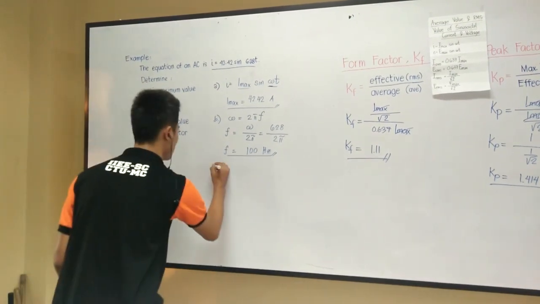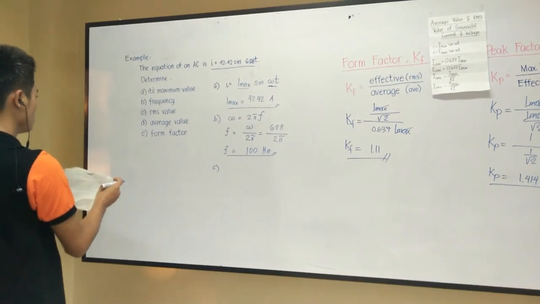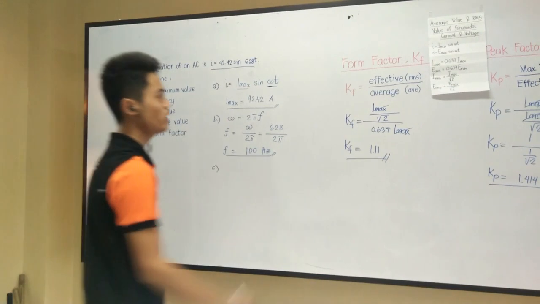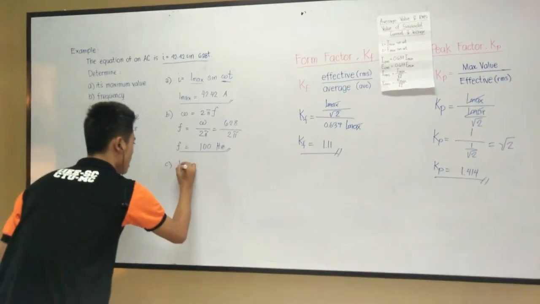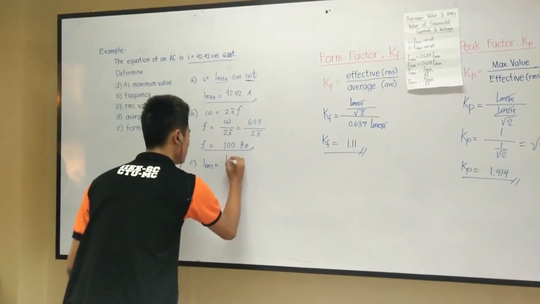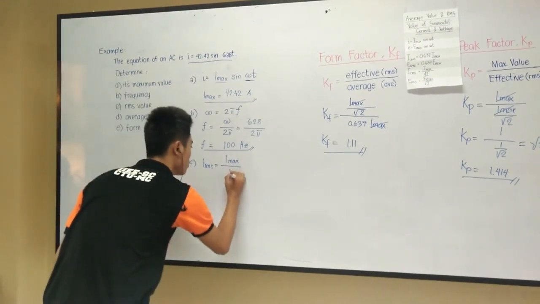Next is the RMS value. To find the RMS value, we have a formula here given, which is IRMS equals the maximum value over square root of 2.